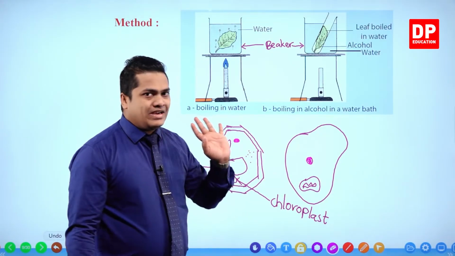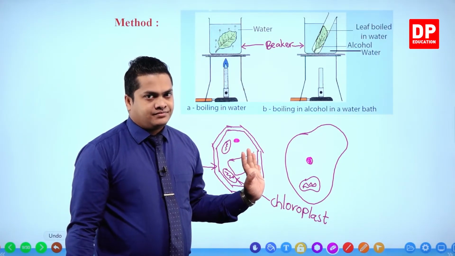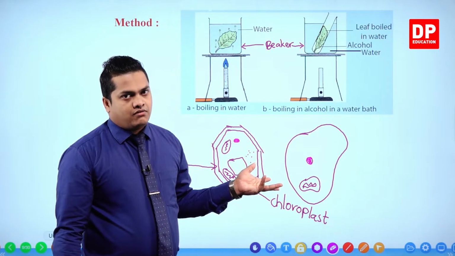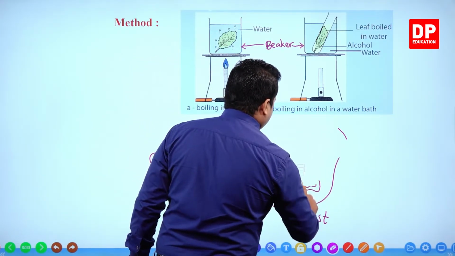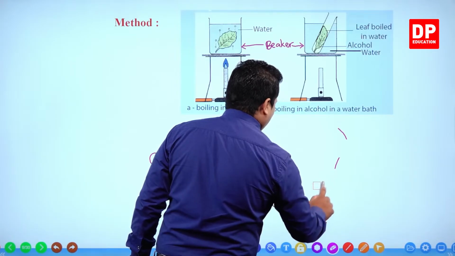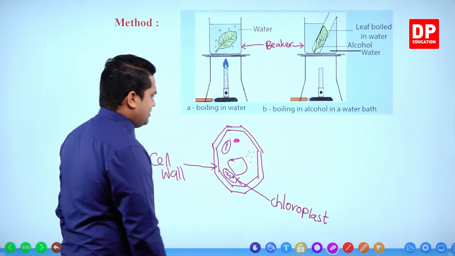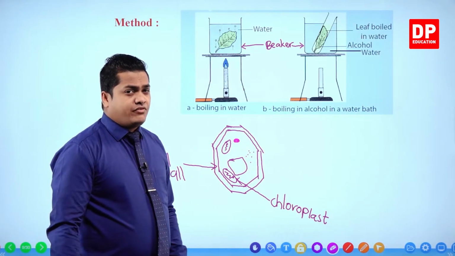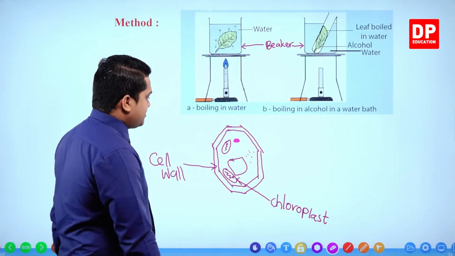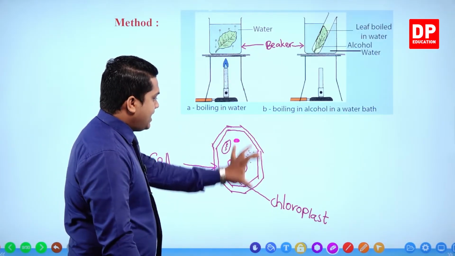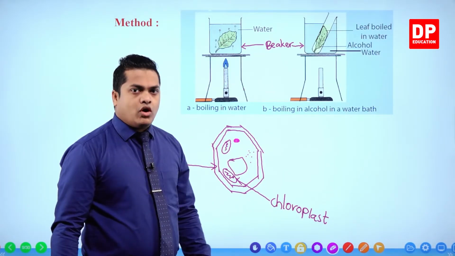Animal cells are quite easy because they do not have a cell wall. So I'm going to erase this as it is not necessary. A plant cell is somewhat different from animal cells. It contains a special protective layer called a cell wall.